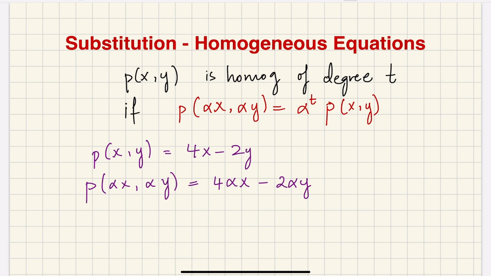So if I take alpha out of both of these, I get alpha times 4x minus 2y. Now it just means that each term has an equal total number of x and y. So the total number of x and y in the first term is 1, and the total number of x and y in the second term is 1.